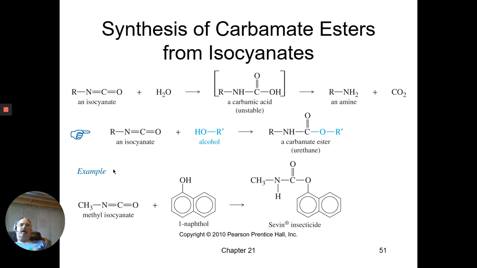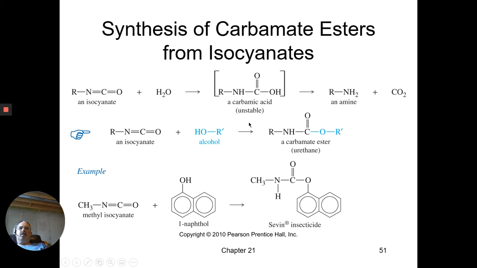Next we'll look at carbamate esters. Carbamate is a compound in which we have an ester on one side and an amide on the other side. When isocyanates react with water, we get a carbamic acid, which is not stable. The carbamic acid quickly loses carbon dioxide and gives you an amine.